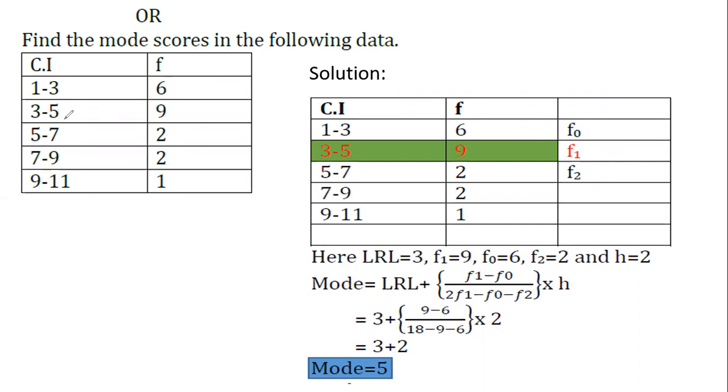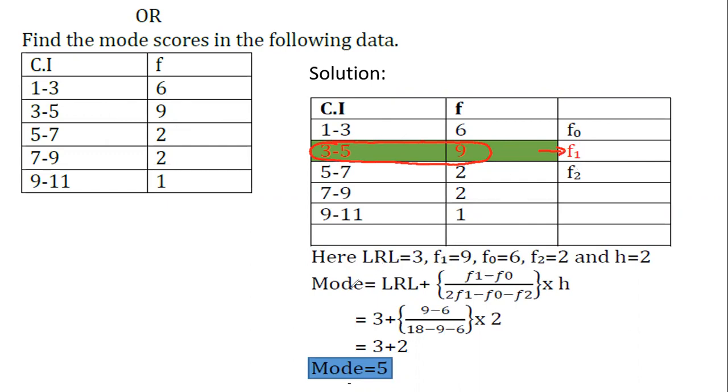Here, which is the highest frequency? 9 is the highest. So mark this one. Call this F1. The preceding one is F0 and the succeeding one is F2.